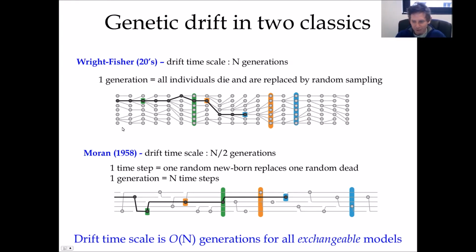Genetic drift is the invasion of a population by the progeny of someone. Say in the Wright-Fisher model or in the Moran model, the line of ancestors is the black thick lines. You pick any individual from the black thick lines and follow their descendants forward in time.